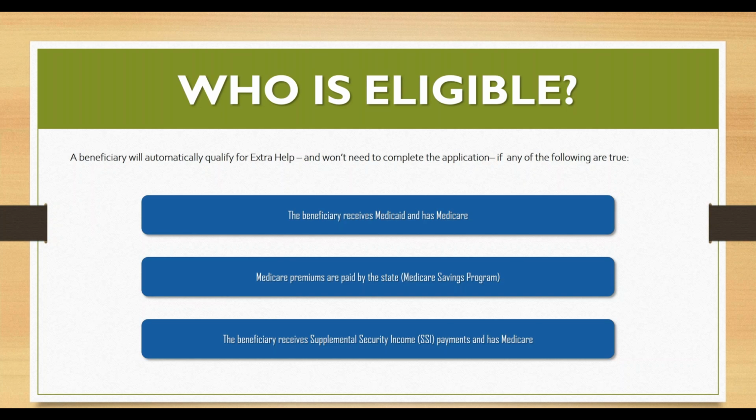If the person has their Medicare premiums being paid for by the state, so they're part of one of the Medicare savings programs, that's still part of Medicaid, they just may not be receiving full Medicaid benefits. And if the beneficiary is receiving SSI and has Medicare, they're also going to have the low-income subsidy, or the extra help.